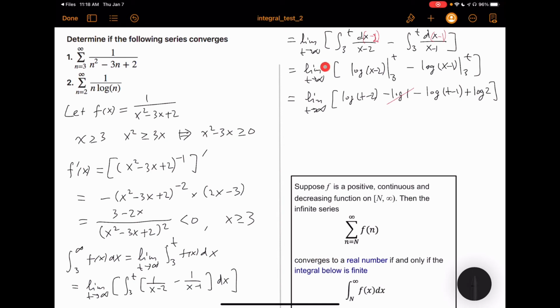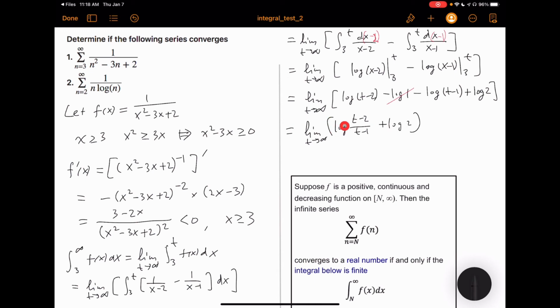If we combine log of t minus 2 and log of t minus 1, this is equal to the limit as t tends to infinity of log of t minus 2 divided by t minus 1, plus log 2.